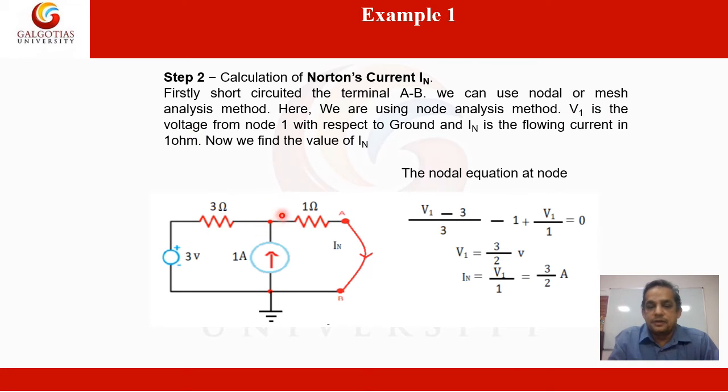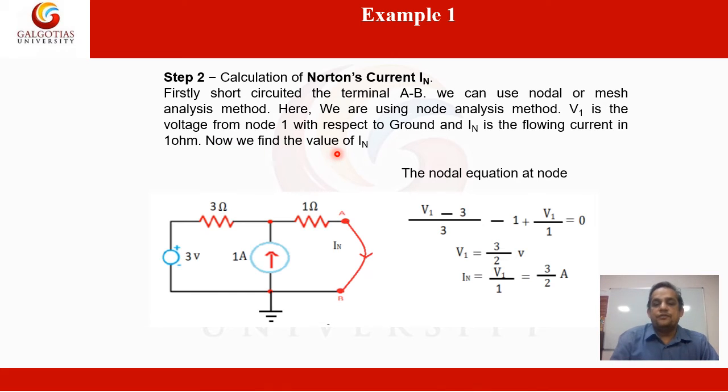Here only 2 nodes are there, node 1 and node 2. In nodal analysis, 1 node is grounded, so we connect it to ground. Here the potential is 0 and this node is called V1. V1 is the voltage from node 1 with respect to ground, and IN is the flowing current in the 1 ohm.